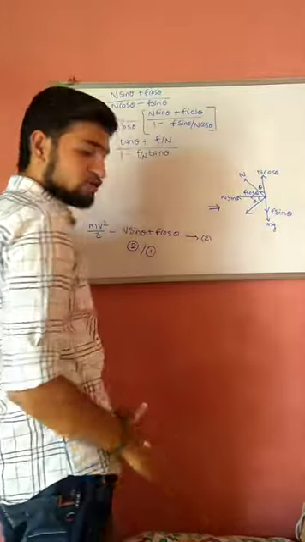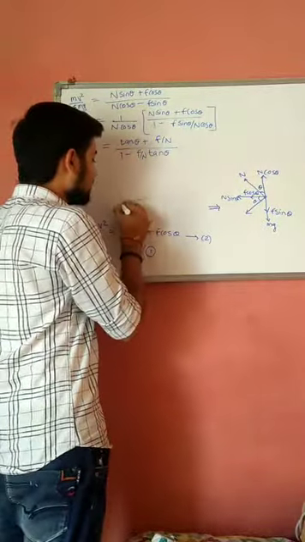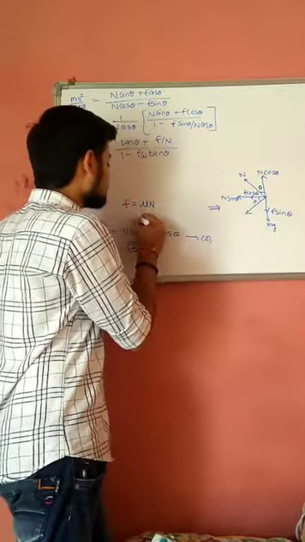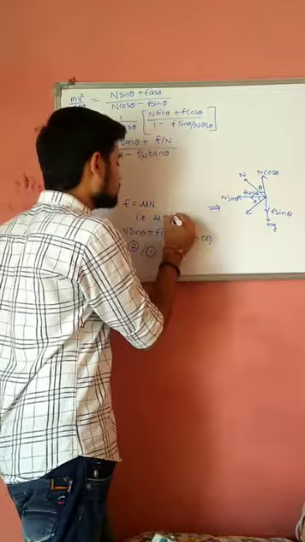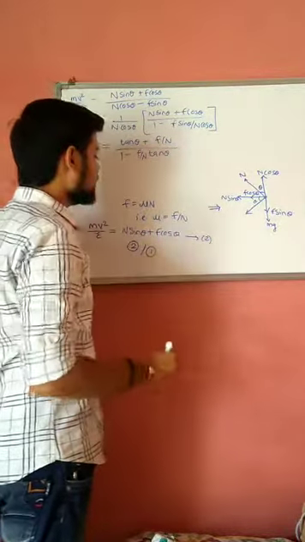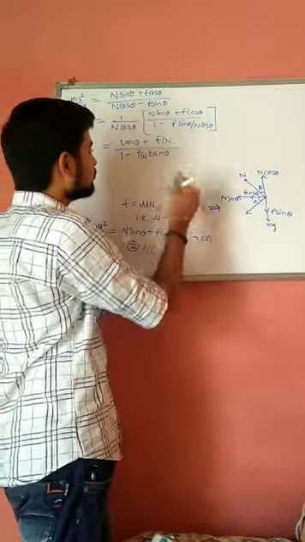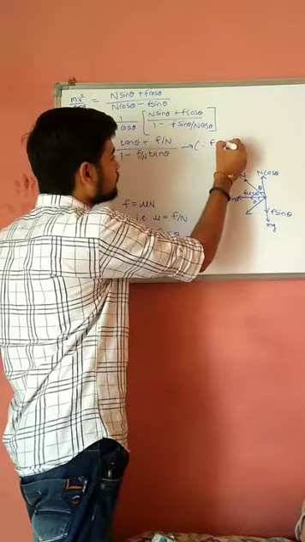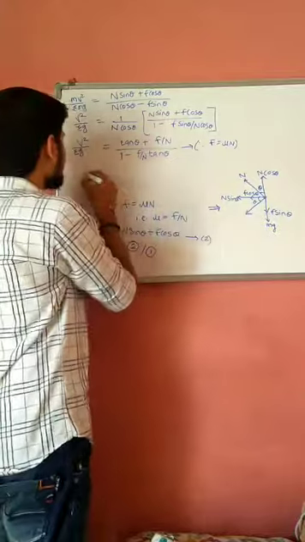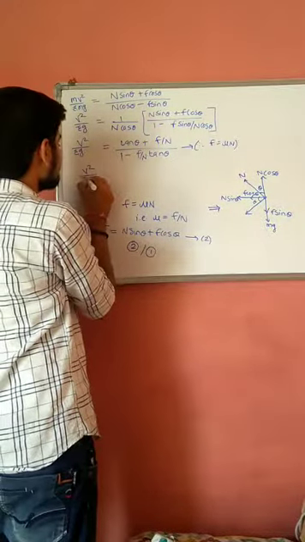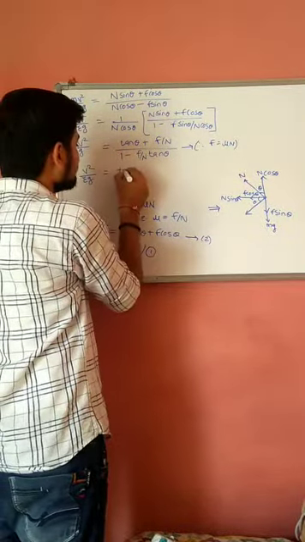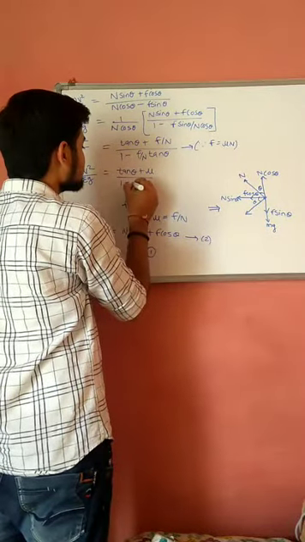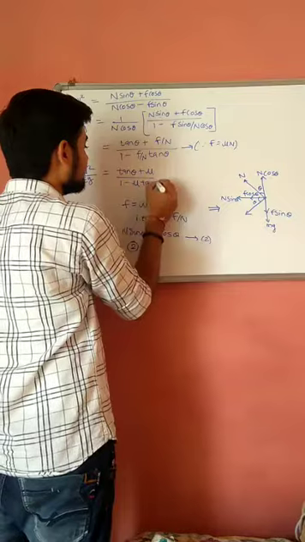Now the other formula for the frictional force is F is equal to mu into N. That is mu is equal to F upon N. So we can replace here F upon N by mu, since F is equal to mu into N. So v square upon rg is equal to tan theta plus mu upon 1 minus mu tan theta.